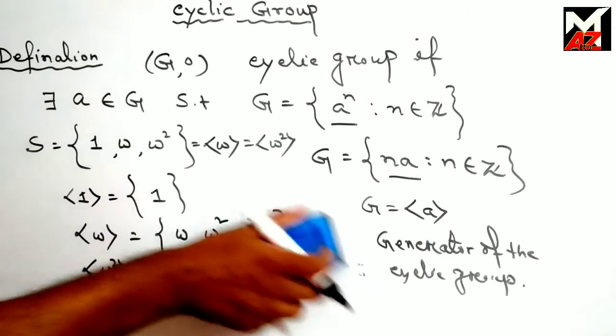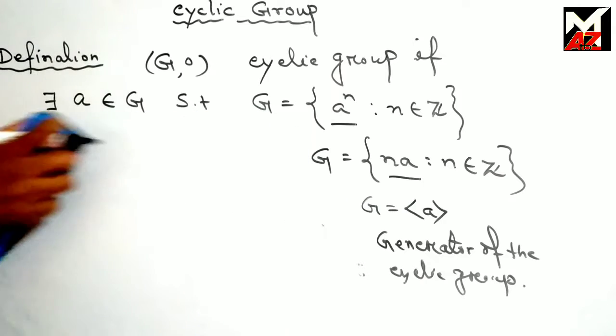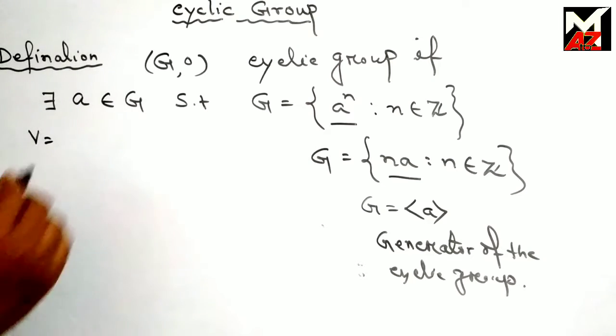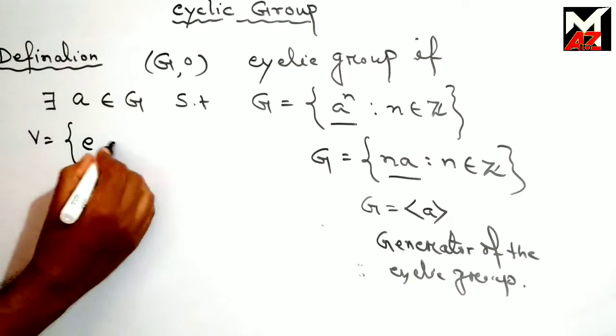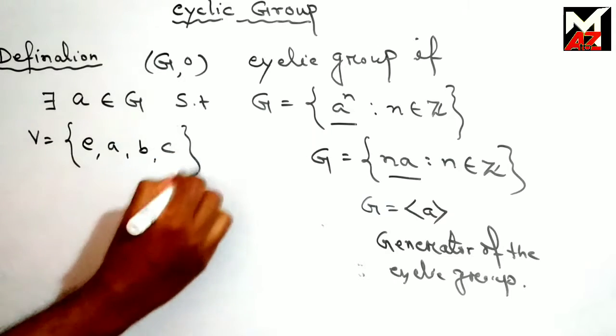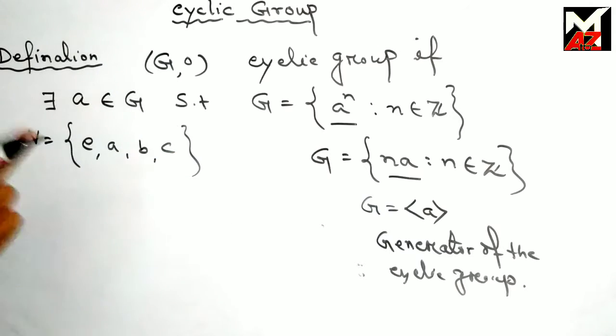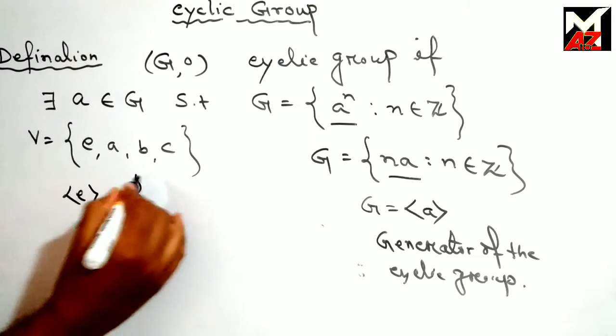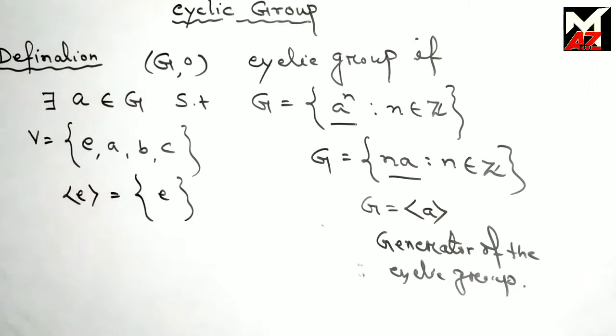Now if we consider another important group V, that is Klein's 4 group, which is e, a, b and c, and we know all its properties. Here if we generate e, then we only get the identity element e.